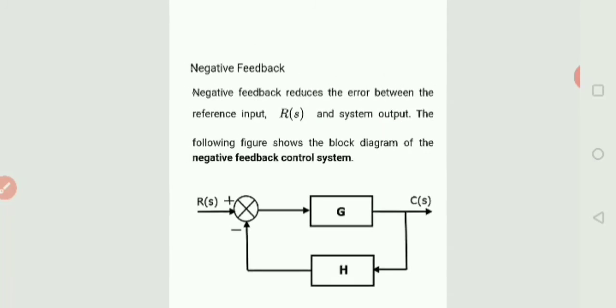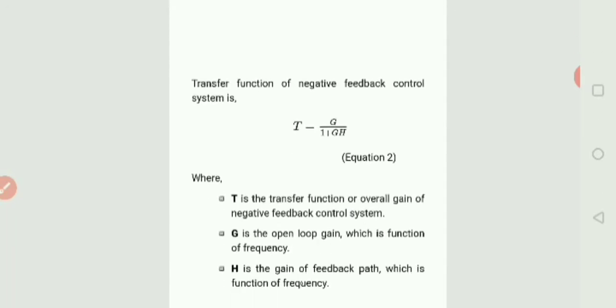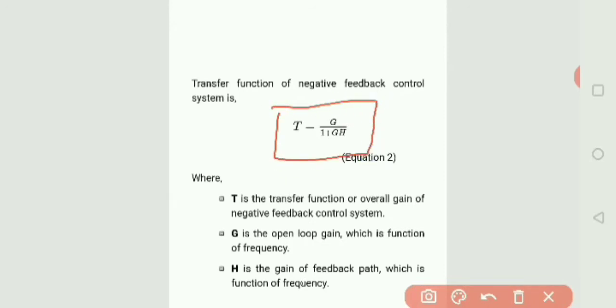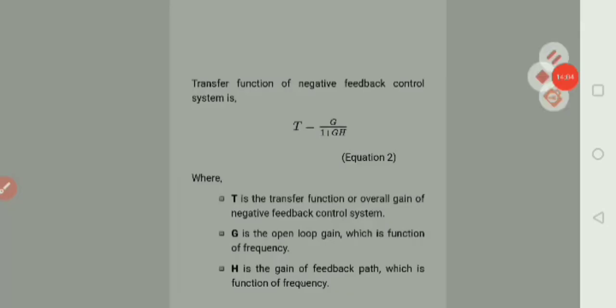If we subtract the feedback from the input and derive the same equation, then the transfer function will be T equal to G upon 1 plus GH. So these are the positive and negative feedback signals.